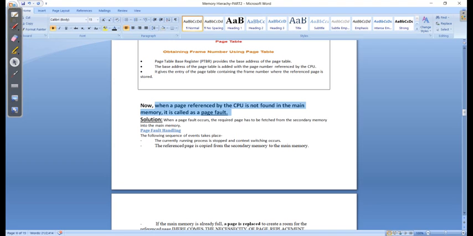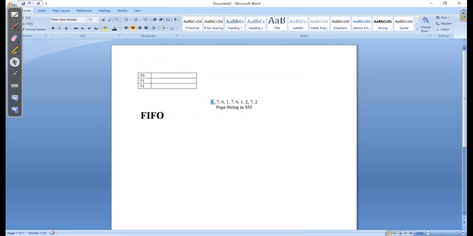When a page referenced by CPU is not found in the main memory, it is called a page fault. CPU is asking for a page with index 4 and it is not in the main memory, so a page fault occurs here.